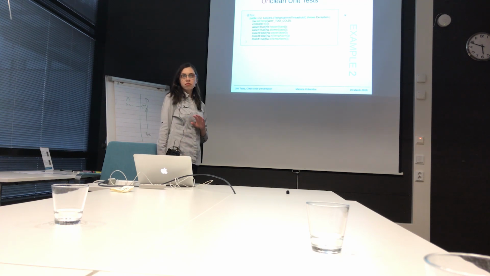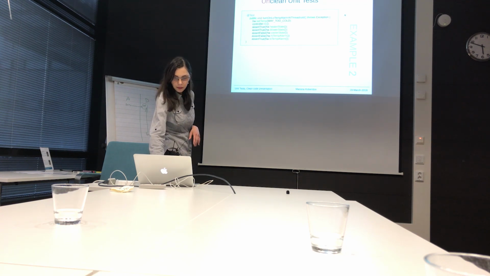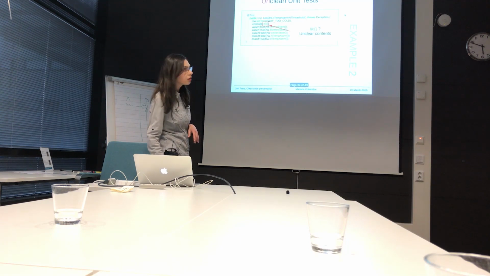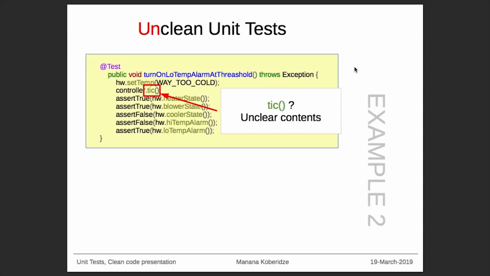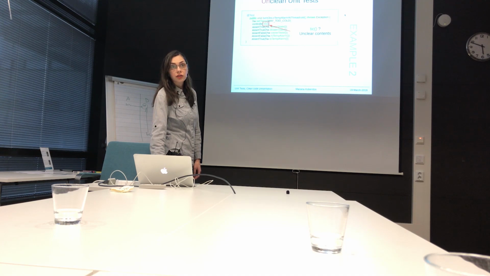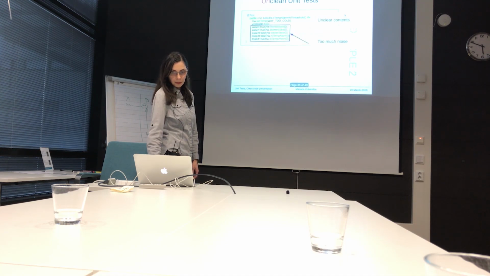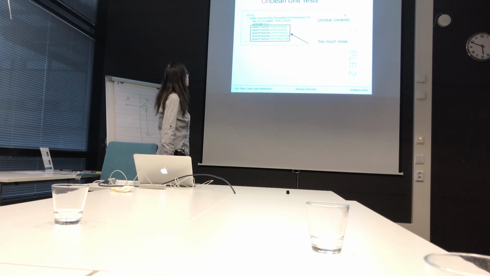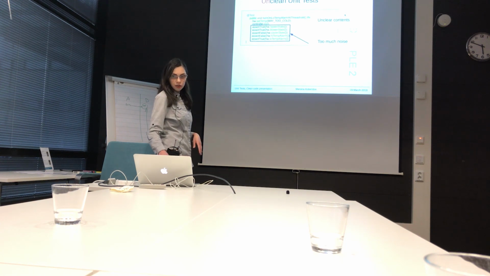But this is not clean either. For example, what is this tick here? Nothing tells about it, where it's coming from or what it is doing. So we should avoid unclear contents. And again, playing with true and false asserts.